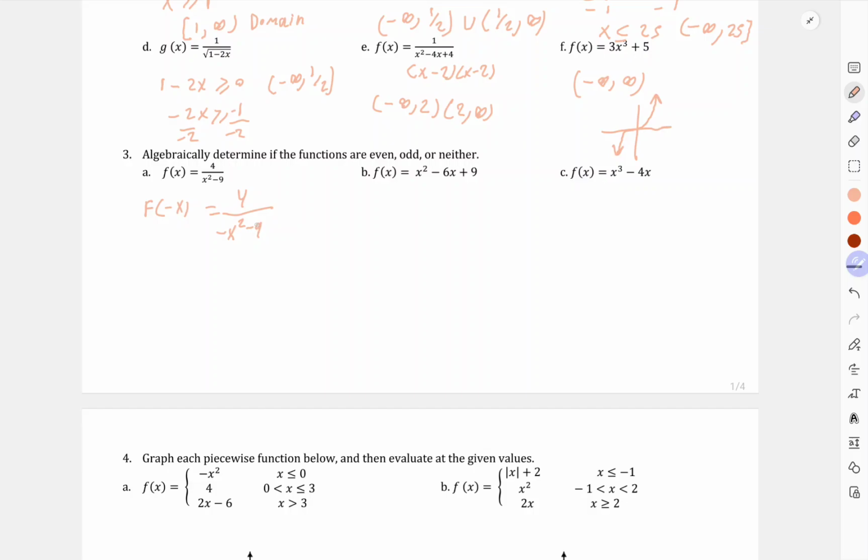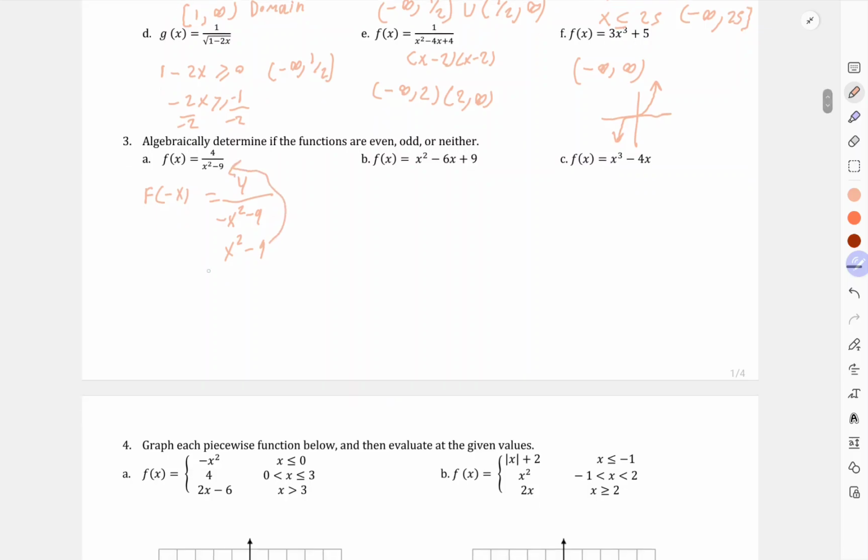What is negative x to the power of 2? It's just x squared, so it's just positive. We go back to the same thing. It did not change. So it is even.